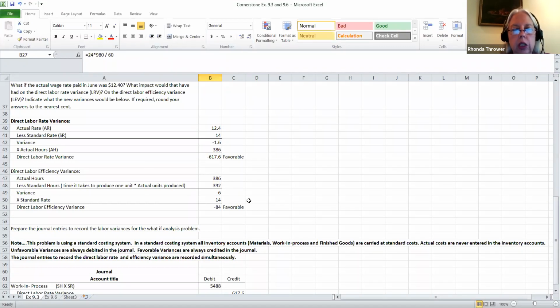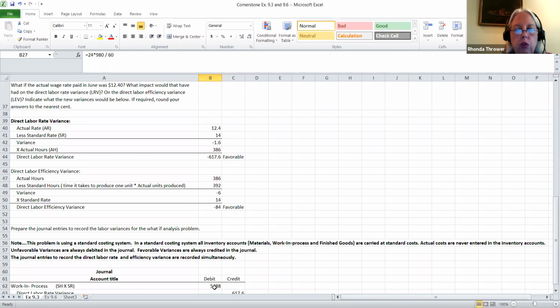The work in process account is going to be debited for the standard hours, which is your budgeted hours, times the standard rate. You'll remember that our standard hours were 392 hours, and we will multiply that by the standard rate, which was $14, which was given.